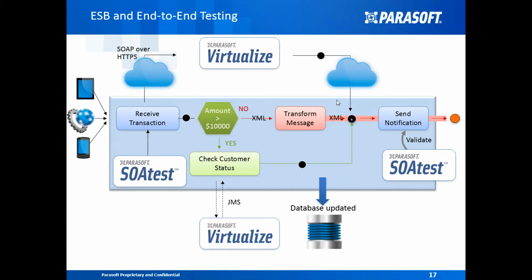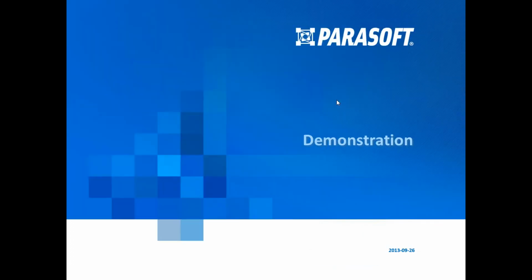And then when we get to the complexities associated with systems that have asynchronous messaging, notifications, and downstream systems being affected, SOAtest can go in and validate those downstream systems and asynchronous messaging flows to really ensure that you're testing your use cases throughout the application stack.